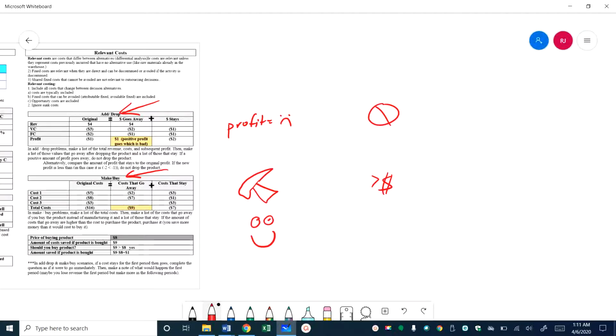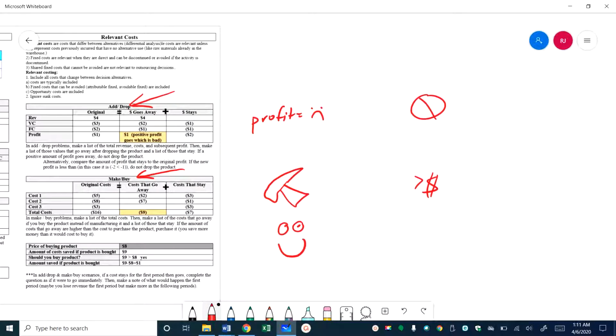So in these types of problems, specifically for add drop problems, you may think that obviously if the profit is in the negatives, then you would drop it. However, this is more so in the short to medium term, not in the long term. So in the short to medium term, if you drop a product, not all of the costs associated with that product will leave.